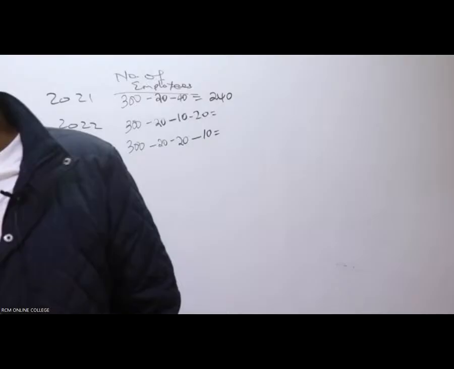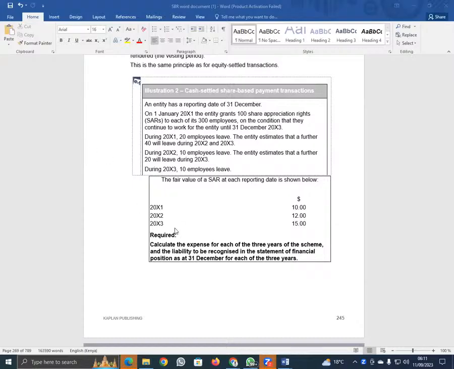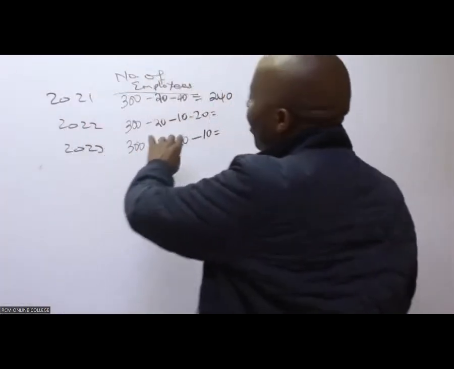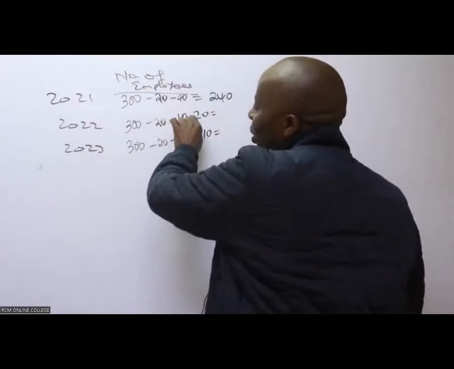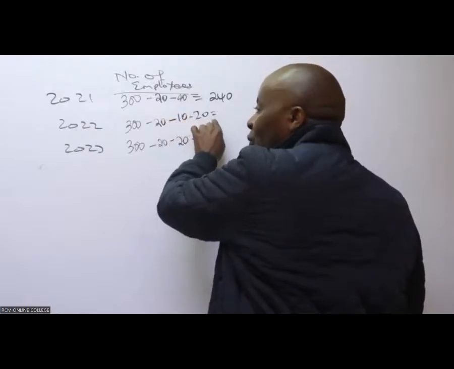Okay, so please go to 2022 now. So in 2022, what have they told us? During 2022, 10 employees leave. The entity estimates that a further 20 will leave during 2023. So it means that these 300 that I started with, I should subtract the exact guys who left in 2021 too, minus this further 20.